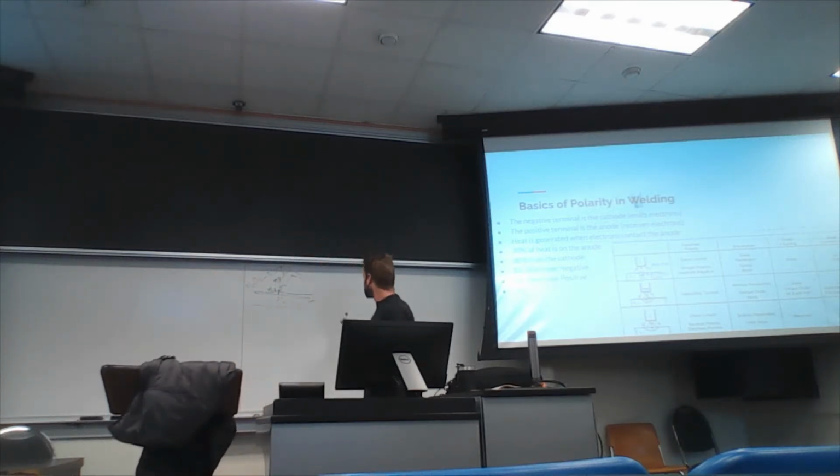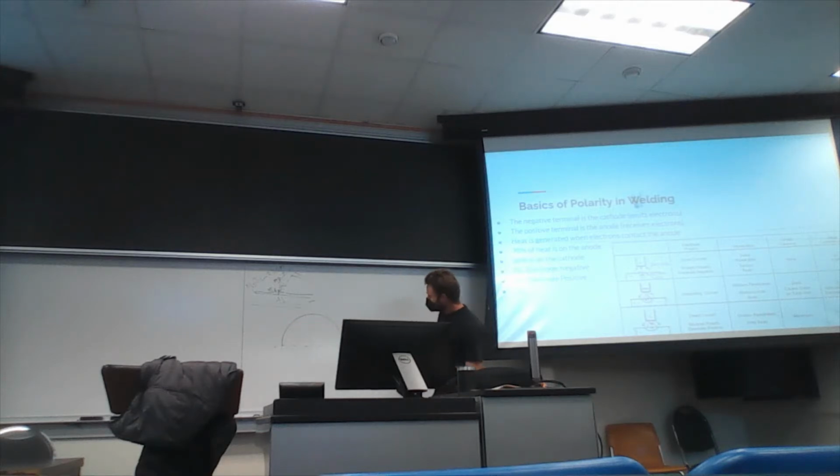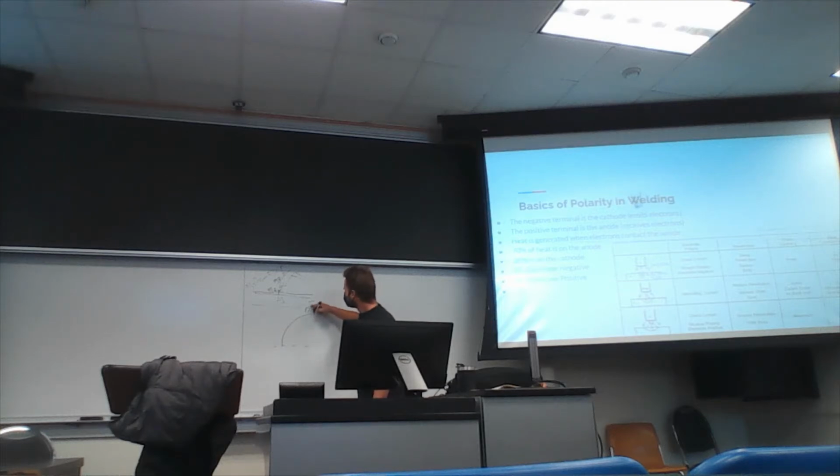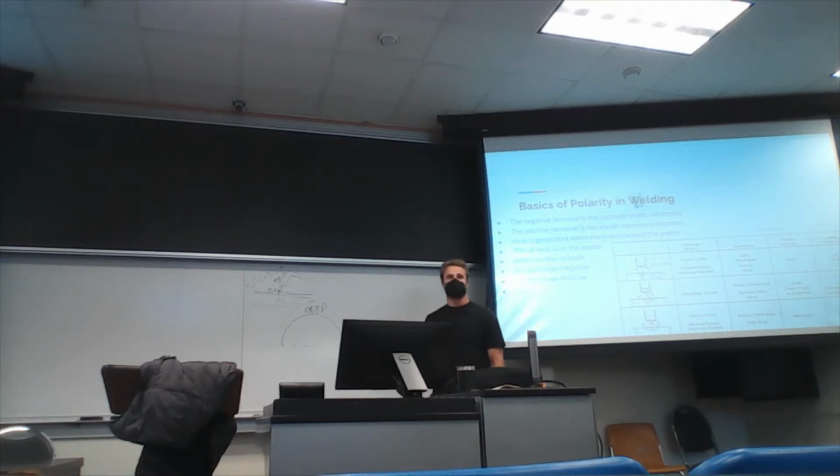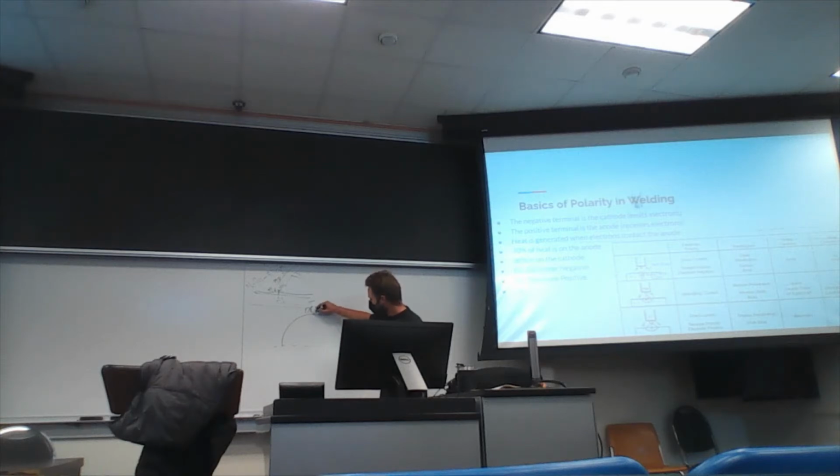which I went over. So you switch to a sine wave, where you have DC electrode positive, then you got DC electrode negative, but you have a problem where it only welds for 120 amps at the peak, if that's what you want to weld at.